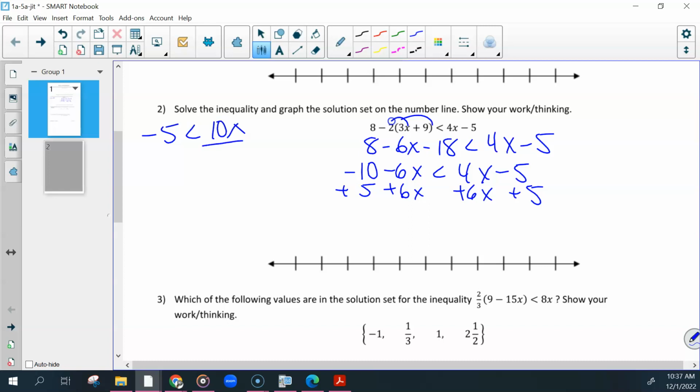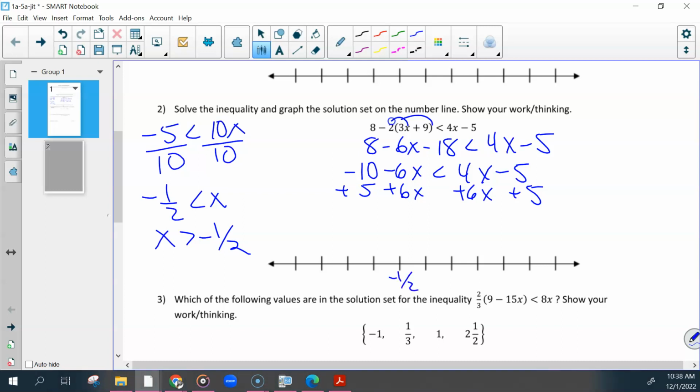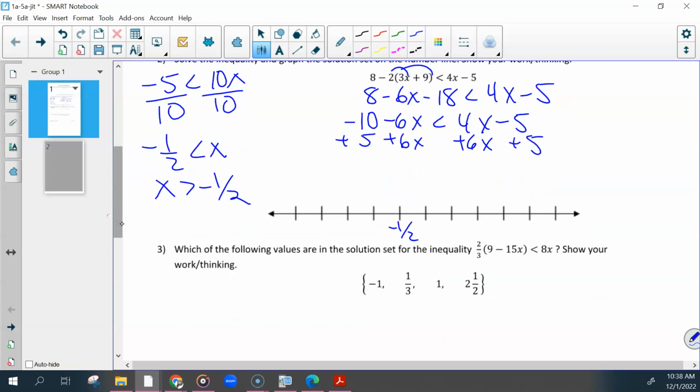When you divide both sides, you get a negative fraction. You can either leave it as it is or read it backwards or flip it, either or. So then when you go to graph it, you have different options since you have a blank number line. You could put negative 1/2 in the middle and then just count by whole numbers.